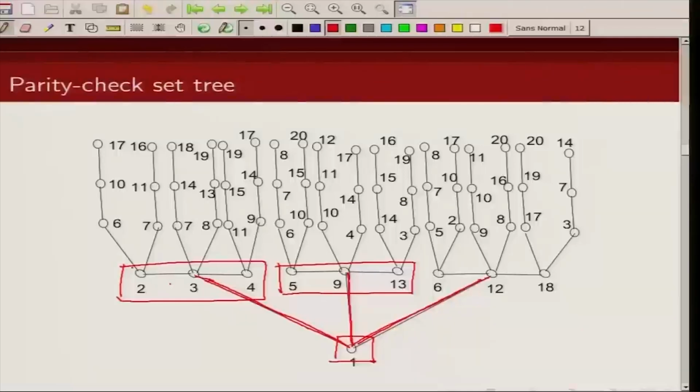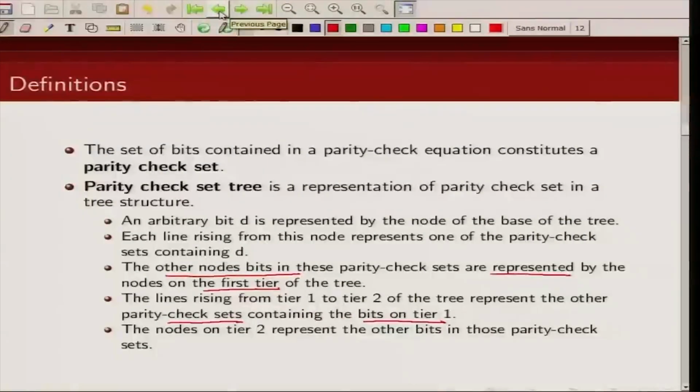Now, what are the connections coming here? These are the parity check constraints involving bit 2, involving bit 3, involving bit 4. So, this is how I am drawing my parity check set tree.